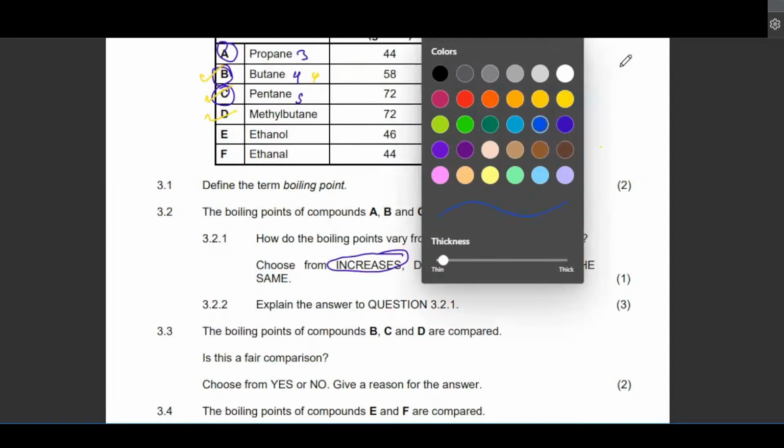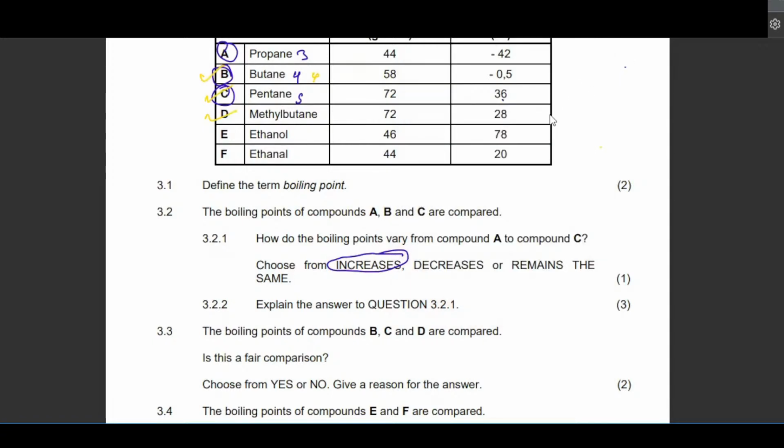Let me use this. This is 4. This is 5. Butane, methyl is 1 plus 4, which is 5. See, this is 5. So the number is not changing, but it is straight versus branched. Yet the mass is also changing here.